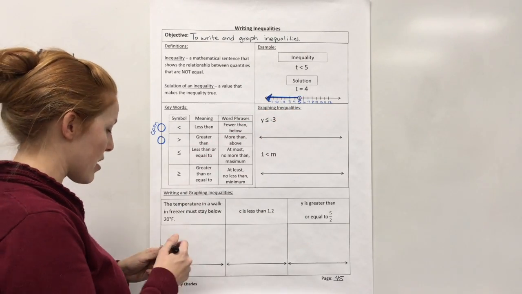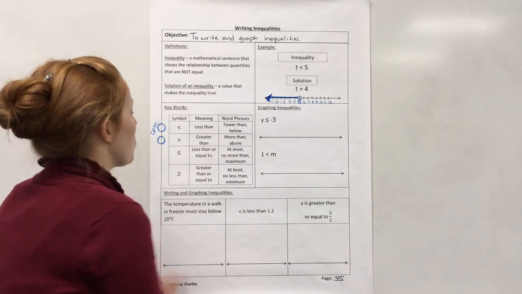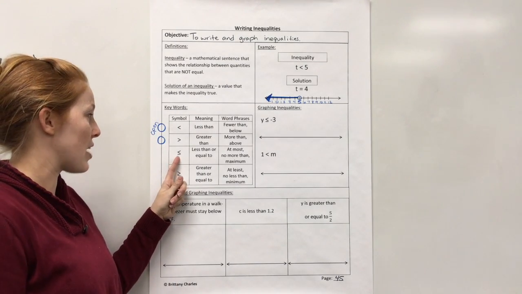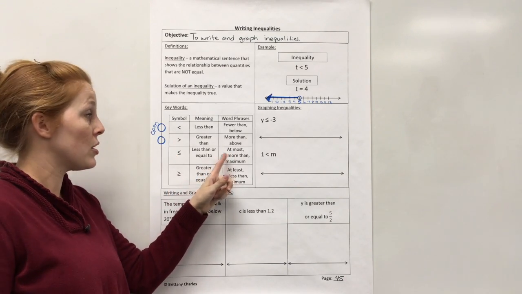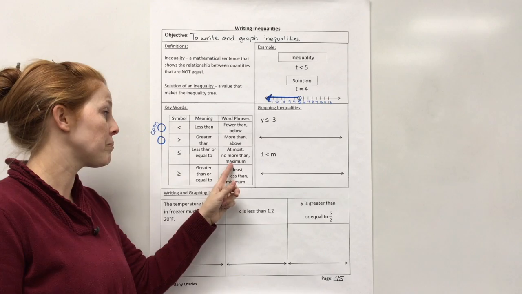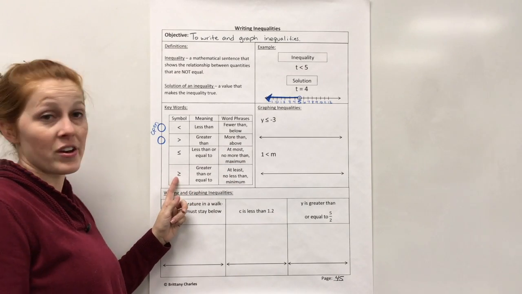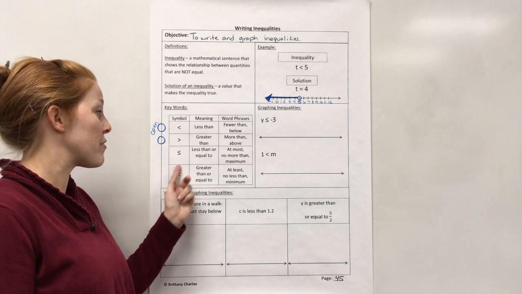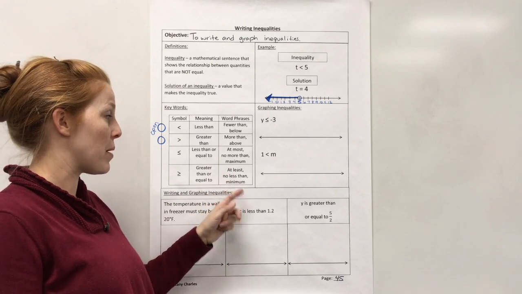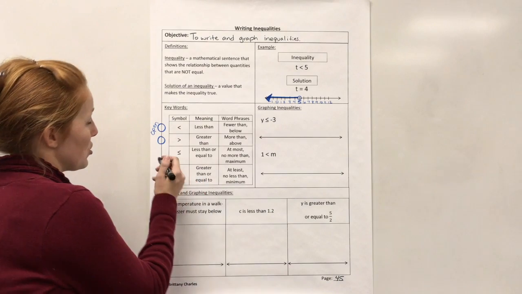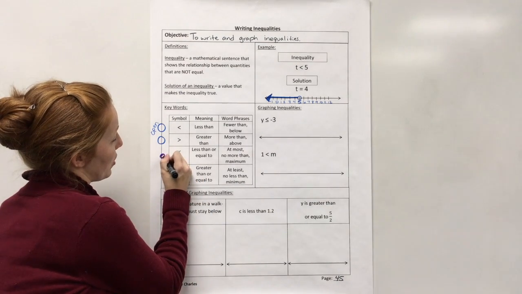All right, and then right here, we have the less than or equal to sign, and other phrases that mean the same thing would be at most, no more than, and maximum. And then we have the greater than or equal to sign, and other key phrases could be at least, no less than, and minimum. Now with both of these, you have a closed point.